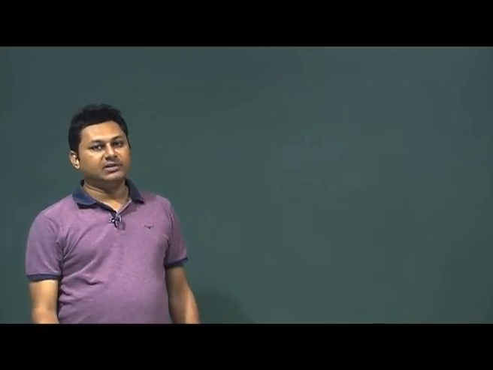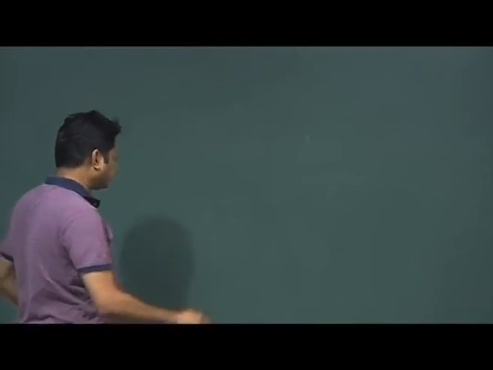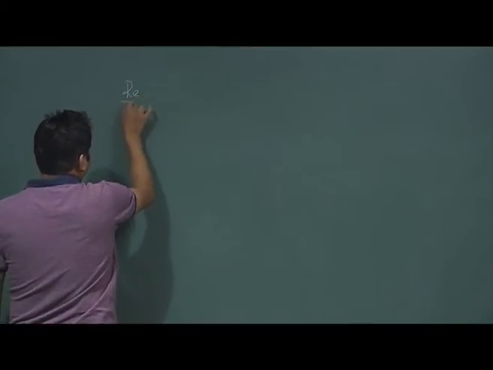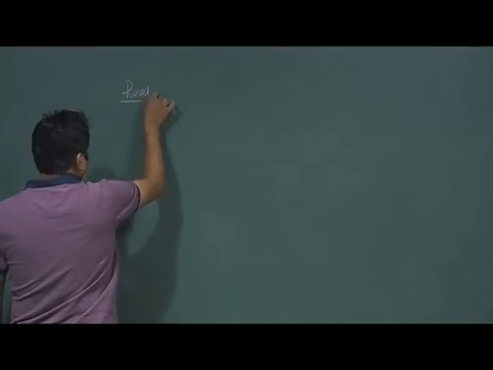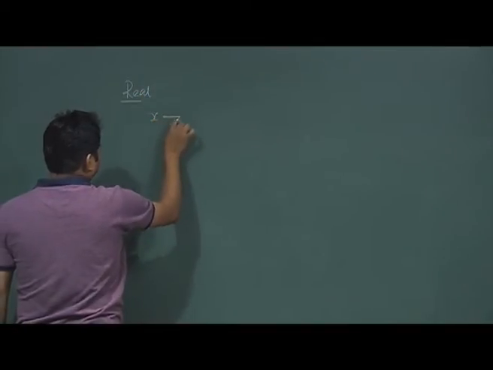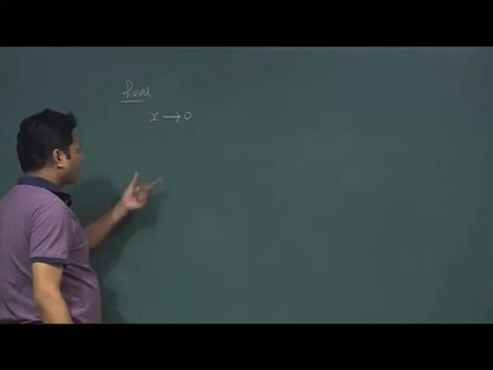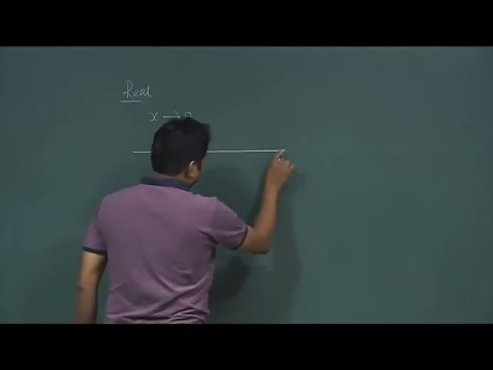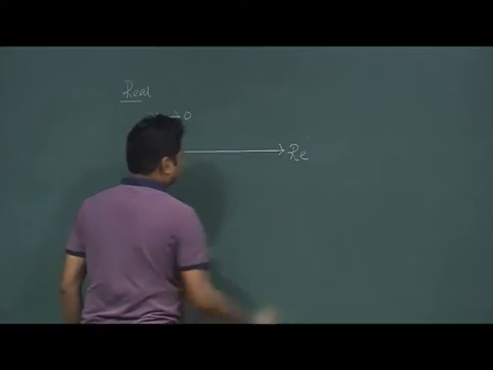Next thing is important because in the next case we need to find out what is the meaning when I say z tends to 0 or z tends to infinity. So, why is it important, let me do that. In the real case, when I say x tends to 0, this is my real line, not real plane.